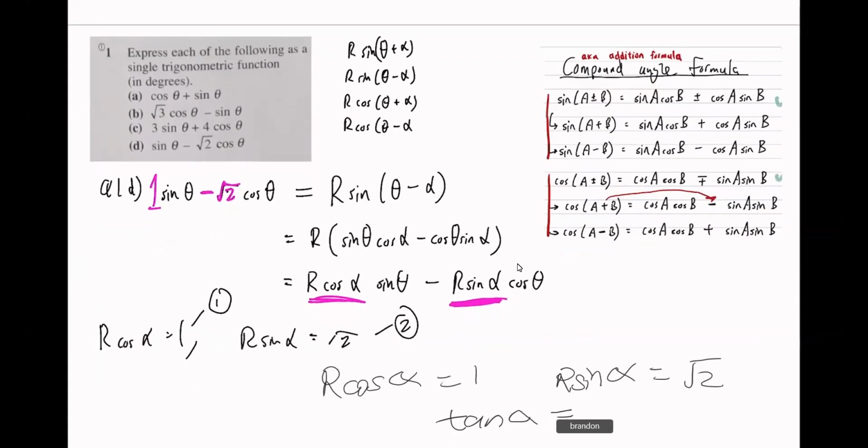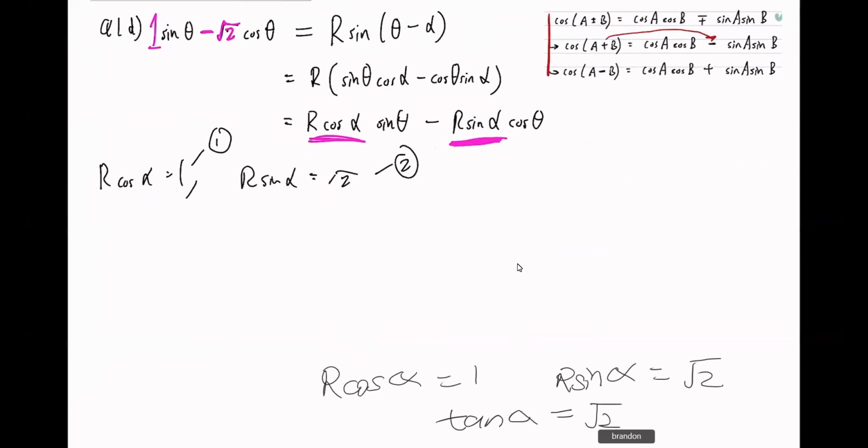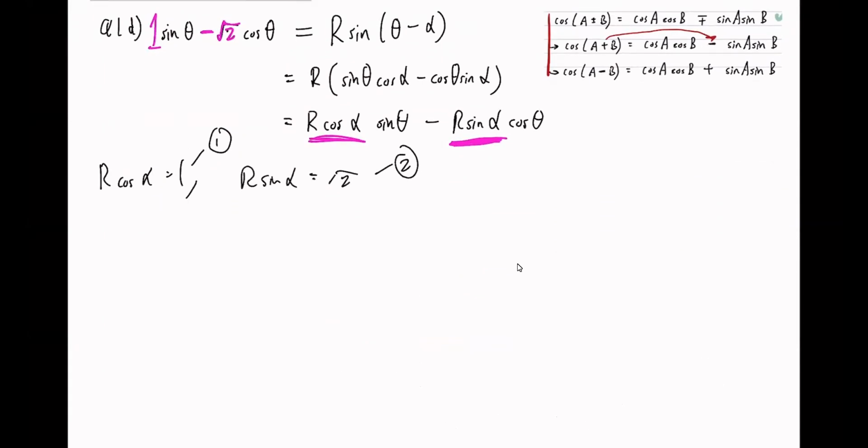Then what do you want to do to solve for r? Solve for alpha first? Also okay. So we solve for r or alpha? Both. You need to solve for r and alpha so that we can substitute in the r and the alpha. It's like a trigo identity.